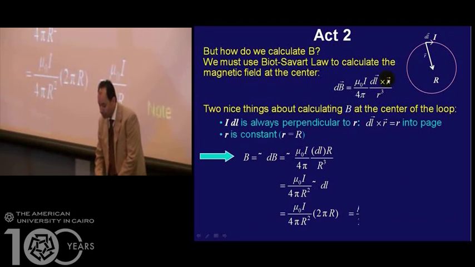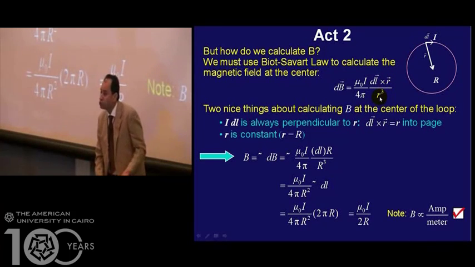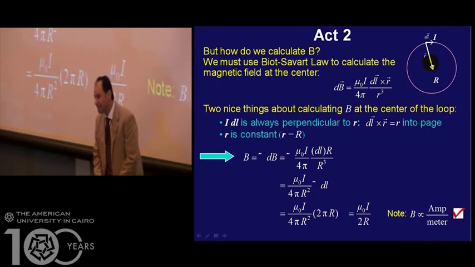And R and R cubed are constant. This is capital R, the distance between the segment and the center, which is the radius.